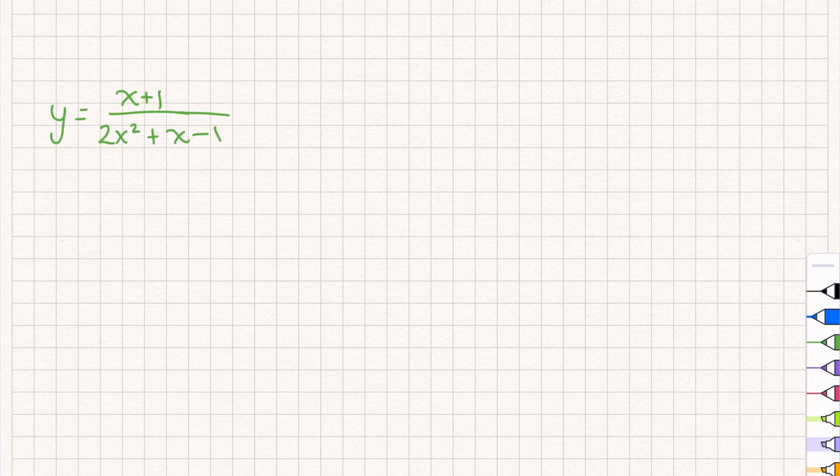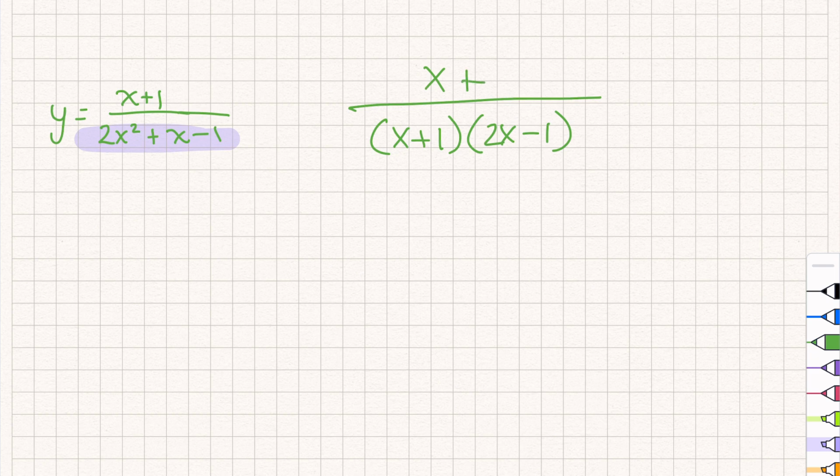And finally, we have y equals (x plus 1) over (2x squared plus x minus 1). So if we were to factor this, we would have (x plus 1)(2x minus 1). So we're able to cancel these out, which gives us 1 over (2x minus 1).